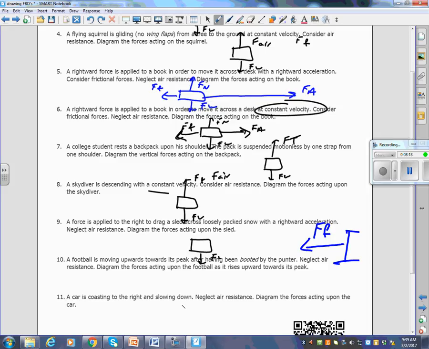So you'd have the weight force. You'd have the normal force. Here you'd have friction. It's a rightward acceleration, so FA, applied force. Makes sense?